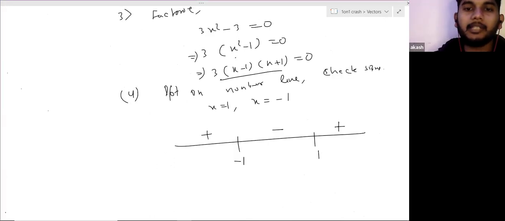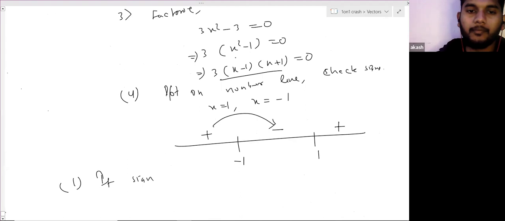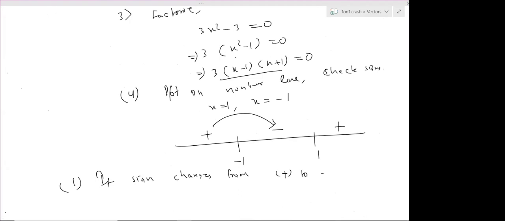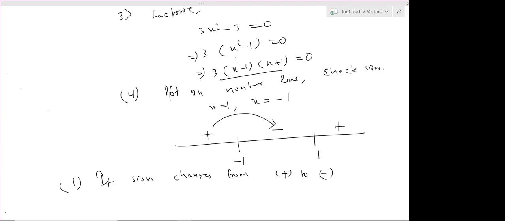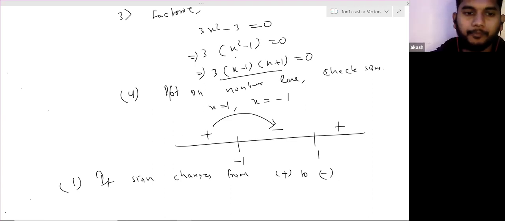So whenever the sign changes from positive to negative, before minus 1 it is positive. How is it positive before minus 1? First write it down, then I'll explain. All right. That's it. Leave some gap.